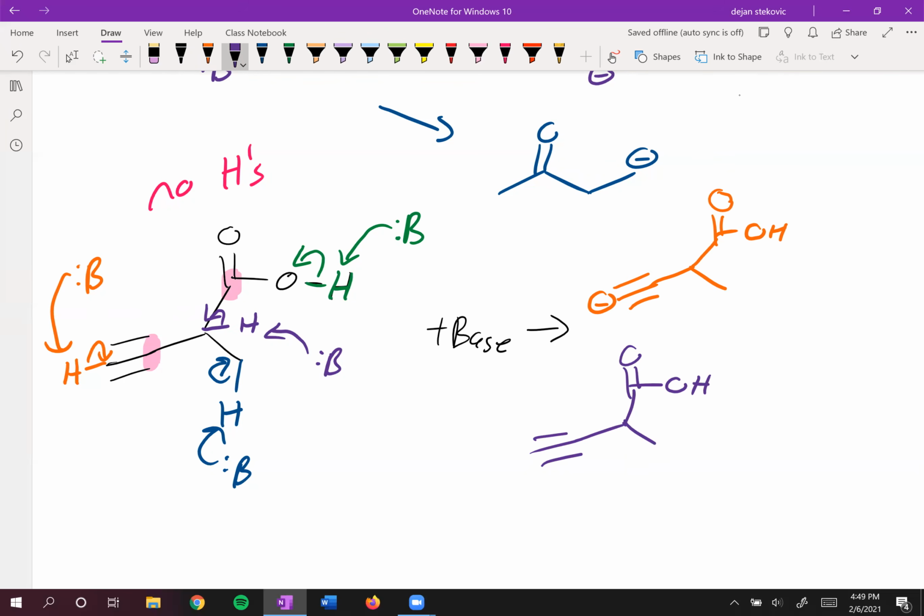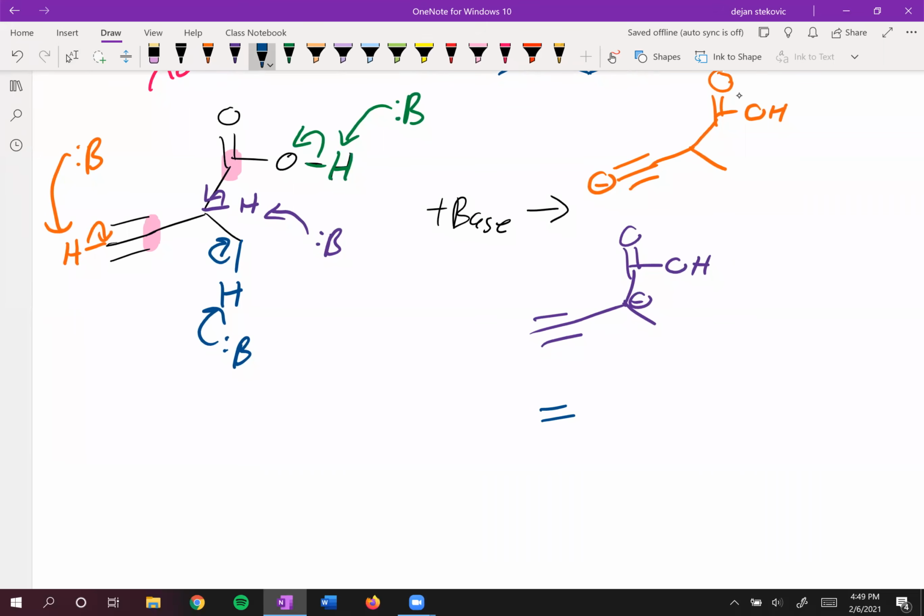If we deprotonate the purple one, our negative charge would be in the center right here. Deprotonate the blue one, we'd be left with a negative charge there, and then deprotonate the green one, we'd be left with a negative charge there.